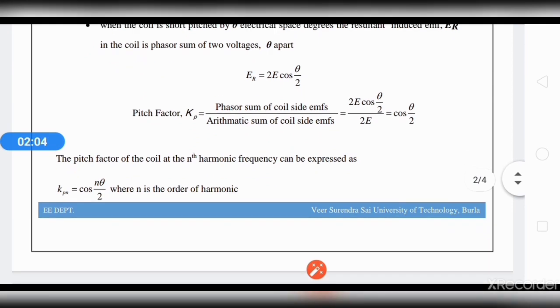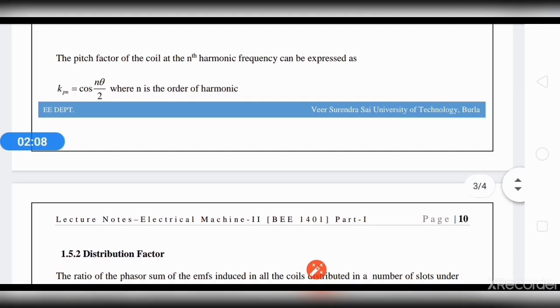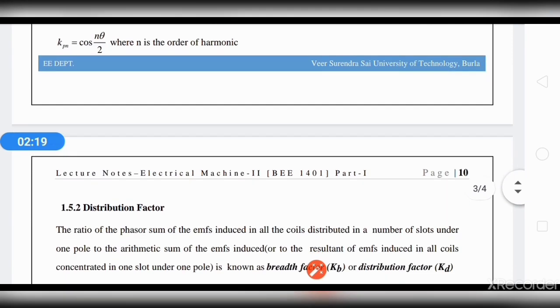The second factor is the distribution factor. The pitch factor is expressed in terms of the nth harmonic as cos n theta by 2.